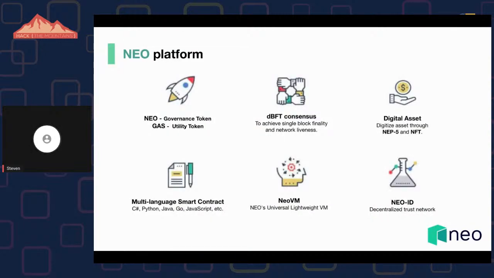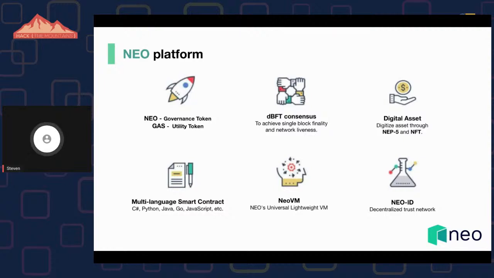And in addition to the DBFT consensus algorithm, we also have a number of new utilities and new features for the new platform compared with other blockchains. For instance, we have two token models. NEO is the governance token, GAS is the utility token. We have our digital asset standard called NEP5, and also we have our NFT standard.